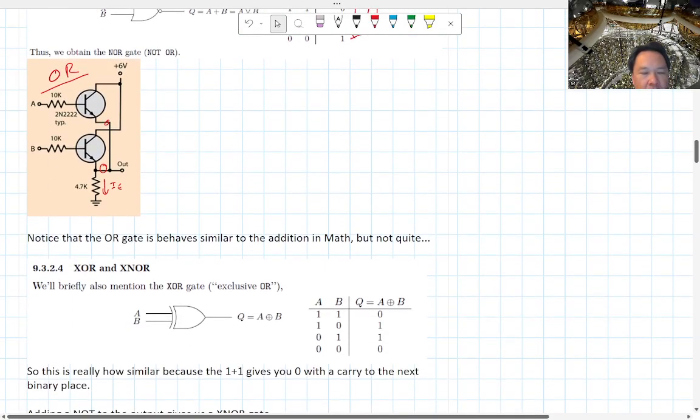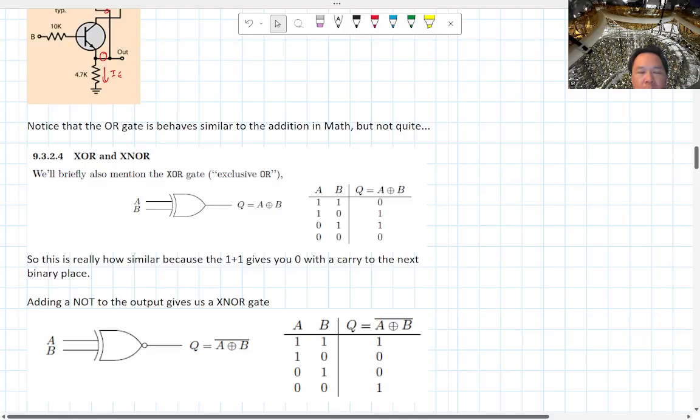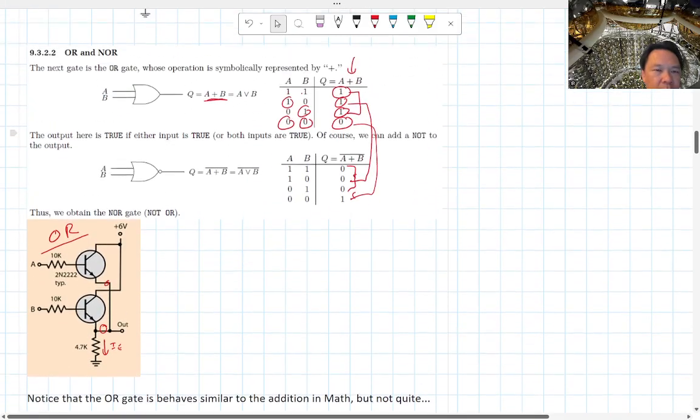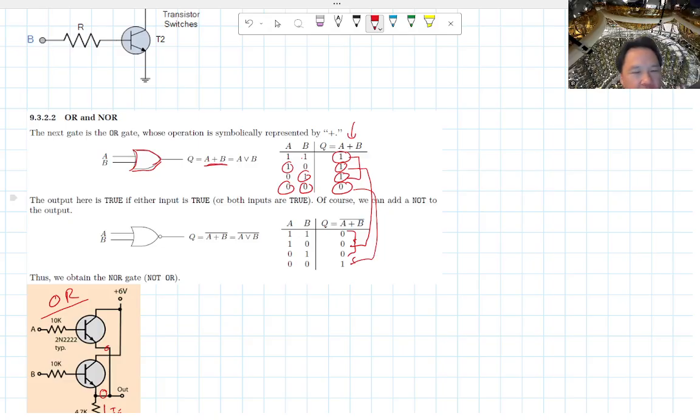As I mentioned before, there's also what's known as an exclusive OR gate. Let me just make sure that the symbols are nice. The symbol for an OR is kind of this little spaceship shape, and that's the symbol for an OR gate. If you want a NOR, you put a little circle at the end of it.